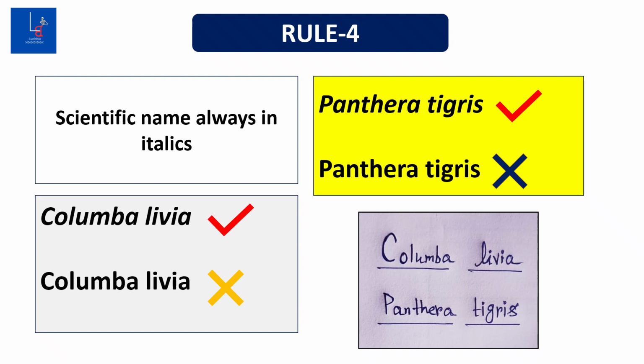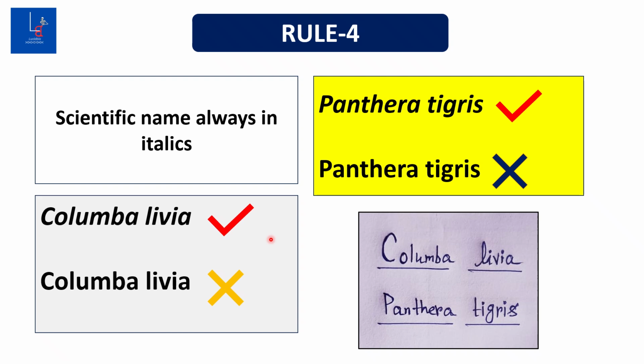The fourth rule, a scientific name is always written in italics. Look at this example: genus capital, species small, there is a gap, and it should be written in italics, but it is not, so that means it is wrong. Same thing here, it is not italics. But you must have one question in your mind.